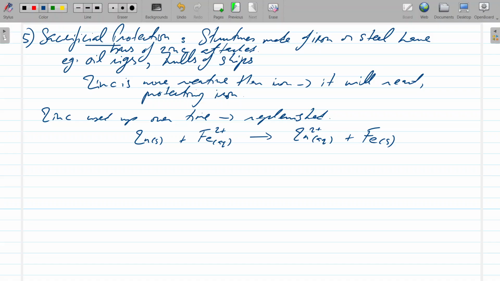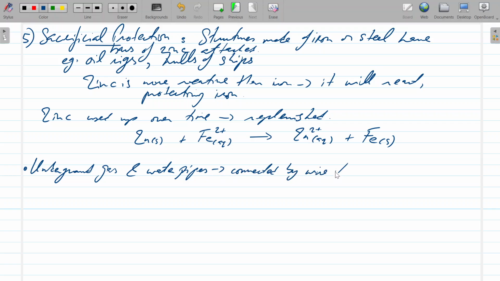In some cases, such as underground gas and water pipes, they are connected using a wire to magnesium blocks.